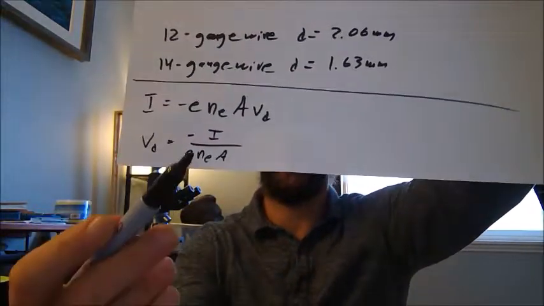Now let's list these constants over here. I is 8 amps, we know that. Amps is the unit for electrical current. It's coulombs per second, I'll add that here.